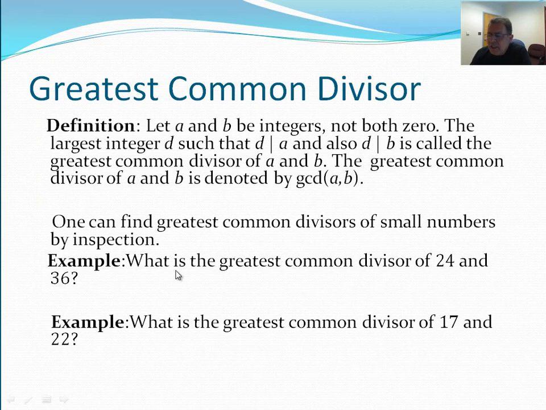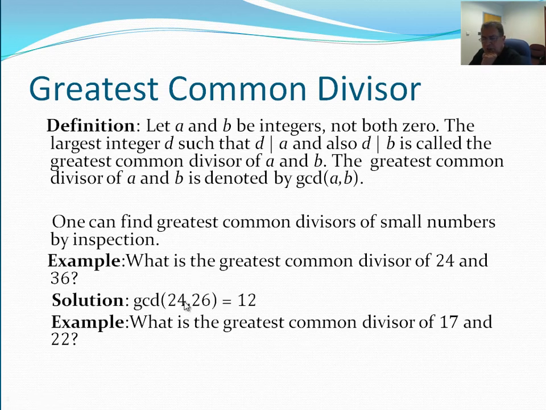Let's look at the smallest numbers first. What's the greatest common divisor of 24 and 36? That we can do by inspection. It is 12, because after 12, none of the larger numbers divide both of them. They are both divisible by 2, and then it jumps to 12.